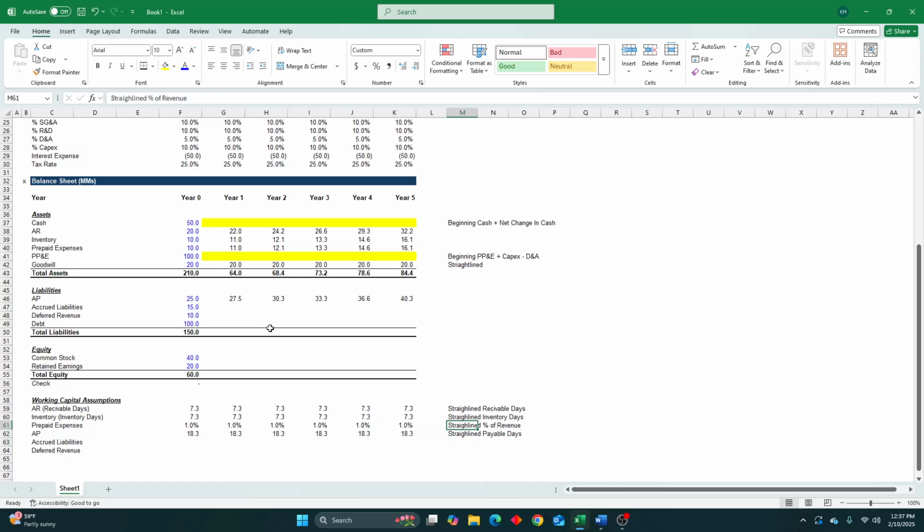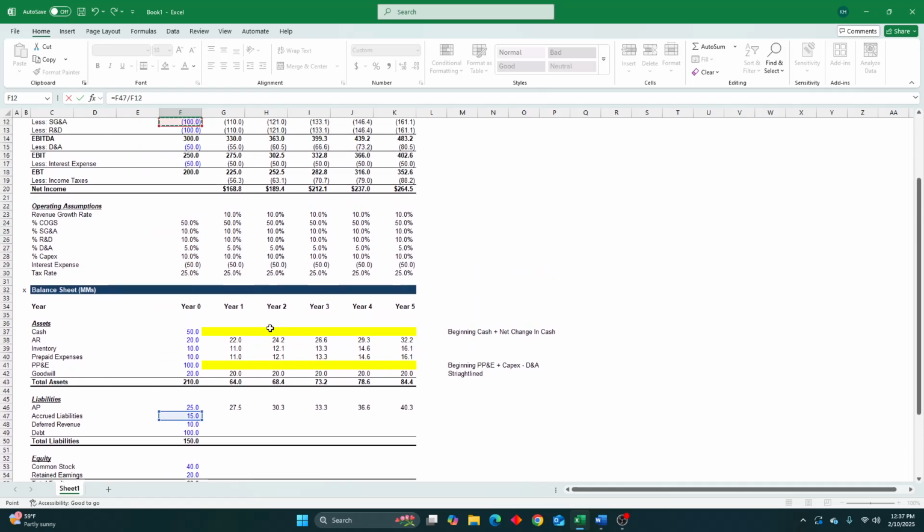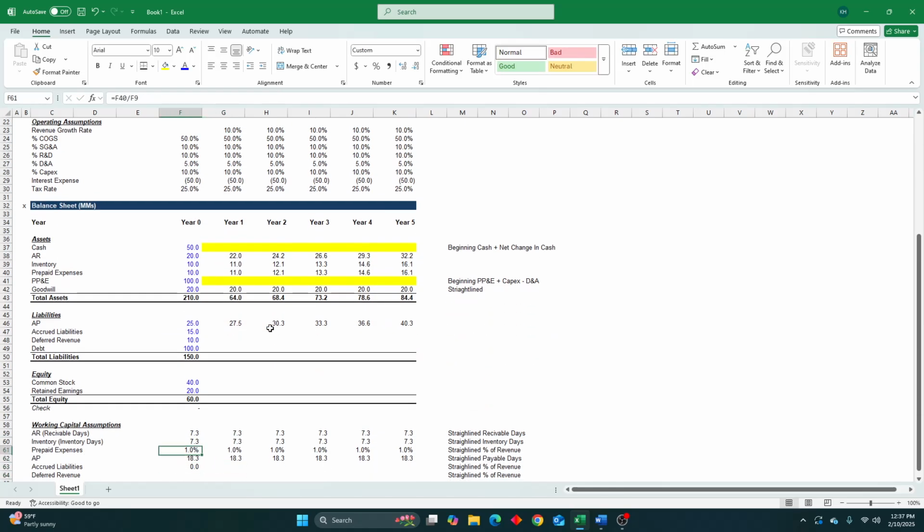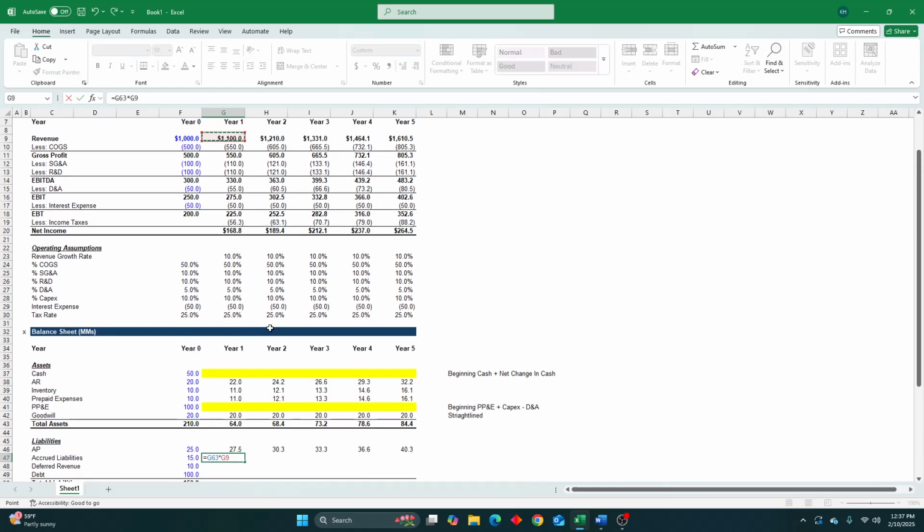For our last two working capital line items, like I said, if there's no key driver, just do it as a percentage of revenue. So we'll do our accrued liabilities divided by our revenue to get it as a percentage, which in this case is going to be 1.5, and we'll assume that'll stay the same throughout the period. Paste it forward. To calculate it, all we're going to do is this percentage of revenue times our revenue, just like that.